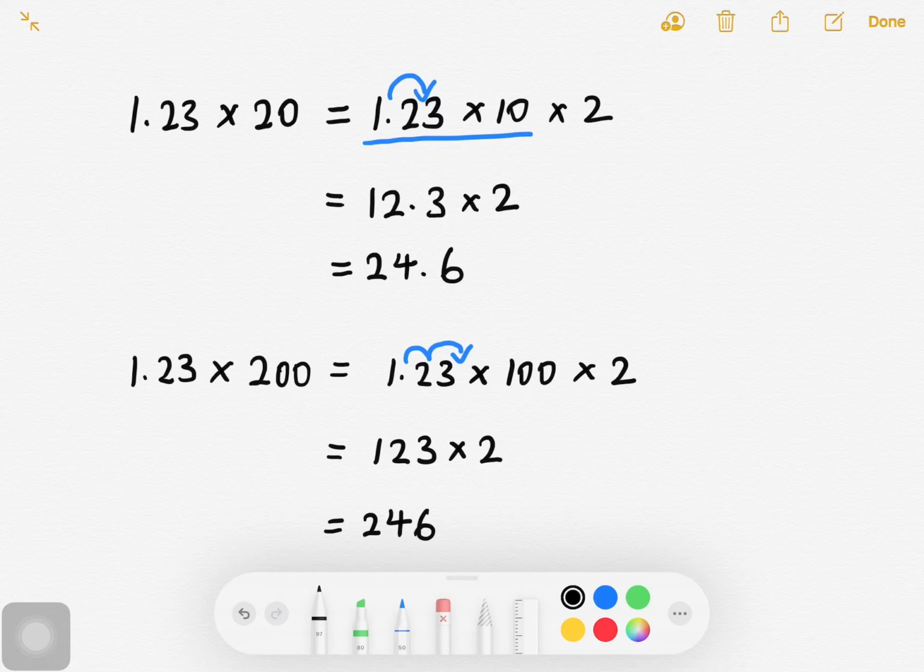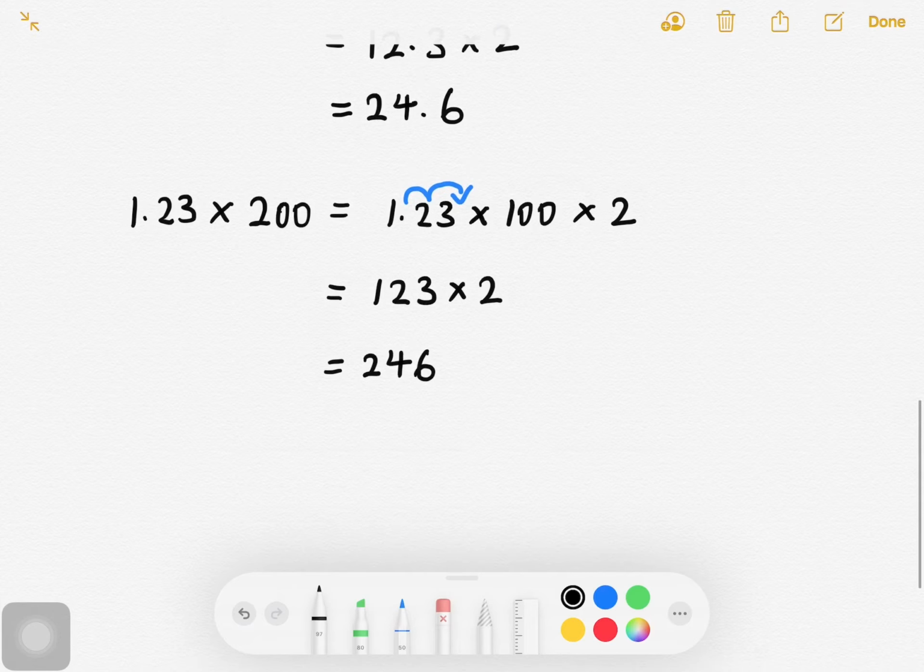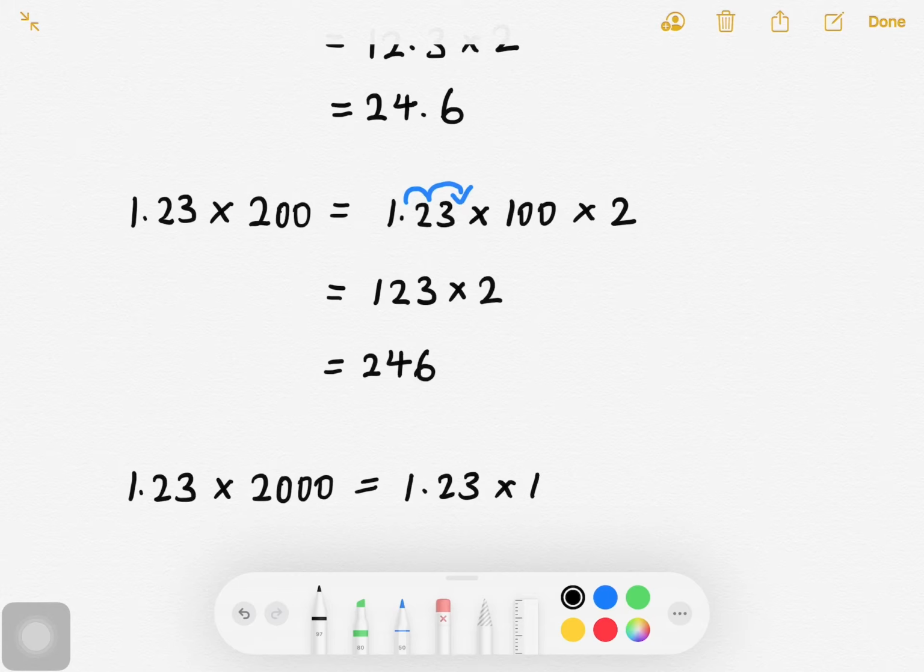Same thing with the same step and procedure. The same decimal, 1.23, multiplied by 2000 now. 1.23 multiplied by 2000 is 1.23 multiplied by 1000 multiplied by 2. I'm going to shift my decimal point 3 place values to the right, 1, 2, and 3.